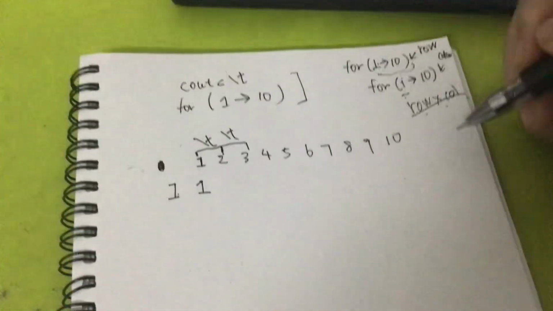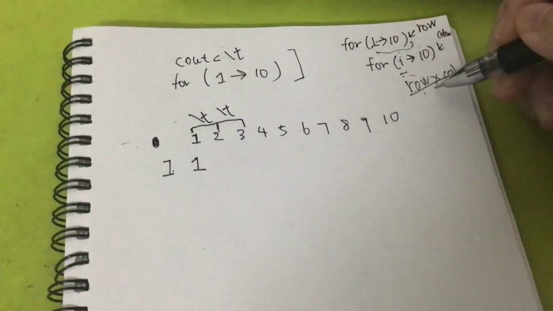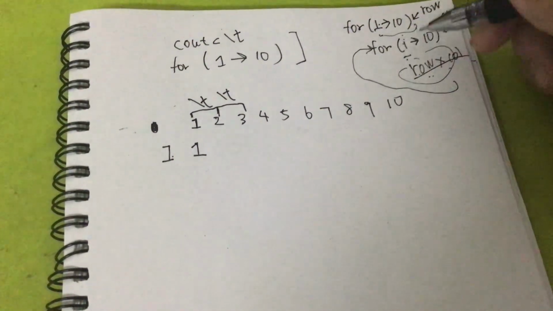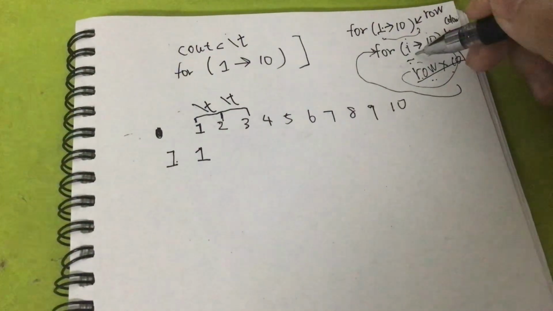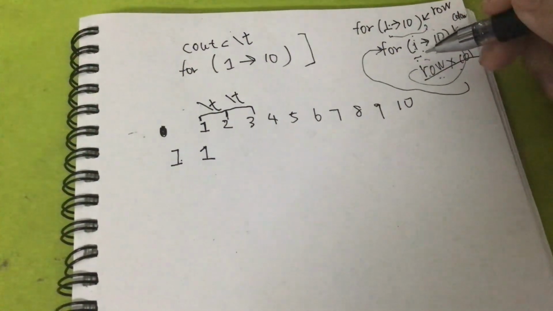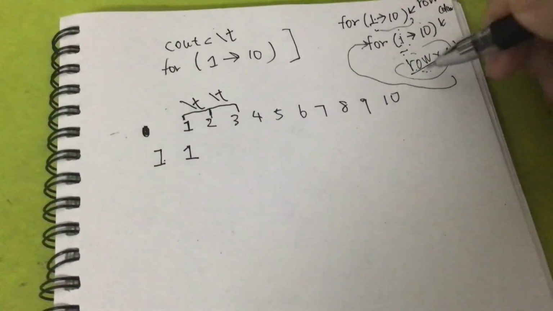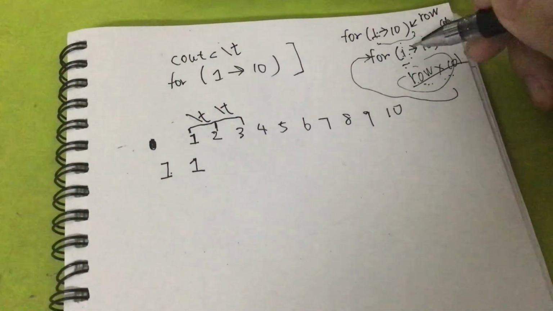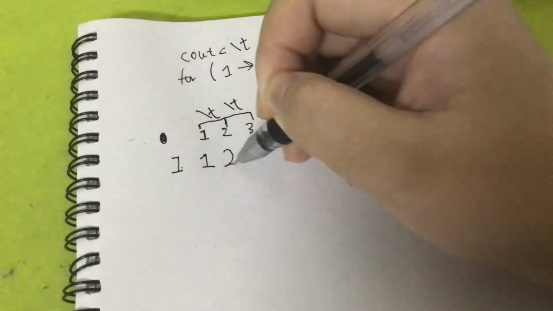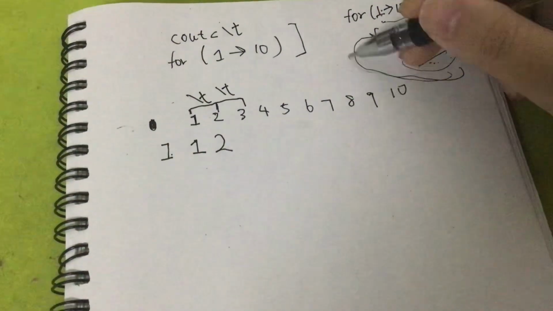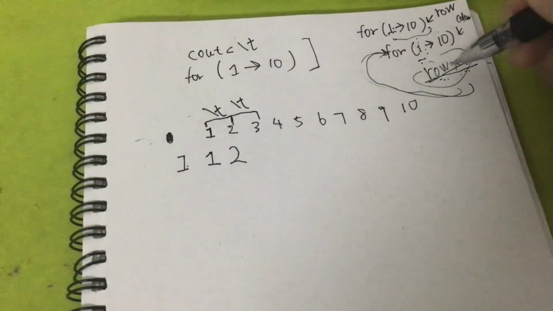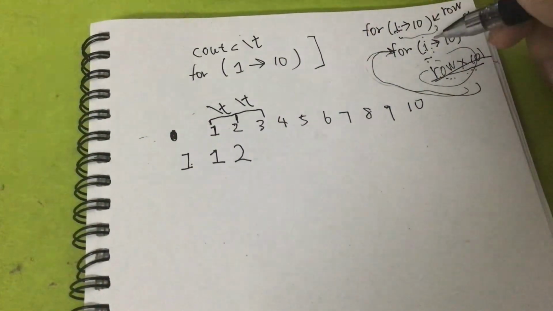And now this, we already executed this one, so we're going to come back to this. Now it's at 2. Before this one, now this is 2, and then at 2 we're going to execute row times column again, which is 1 times 2, and then we come back again, execute this one again, row times column, 1 times 3.